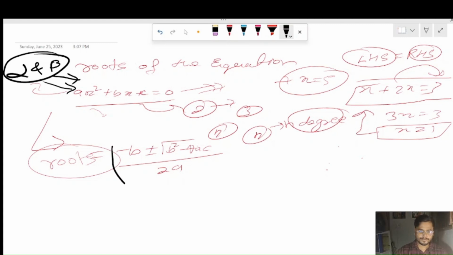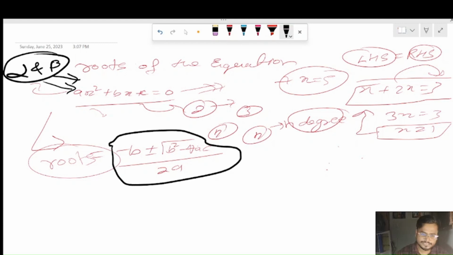Now this formula we will use in some critical cases where we are unable to split the equation or expression. First we will learn how we can find the roots without this formula. There is a method called splitting of terms for finding the roots of the equation.